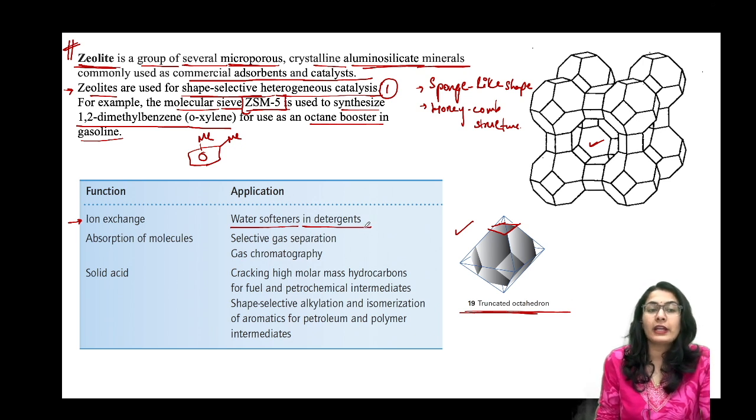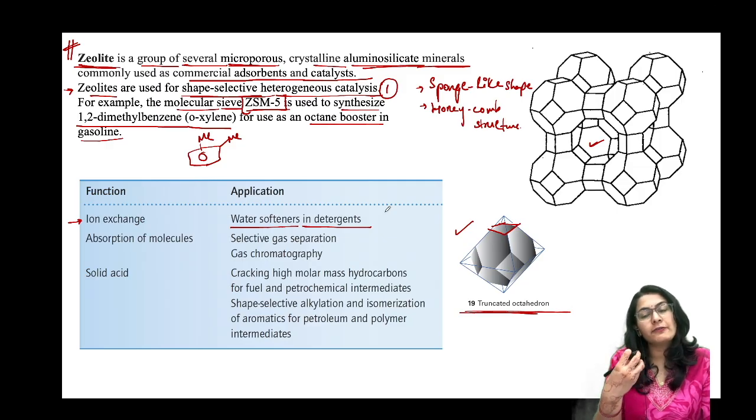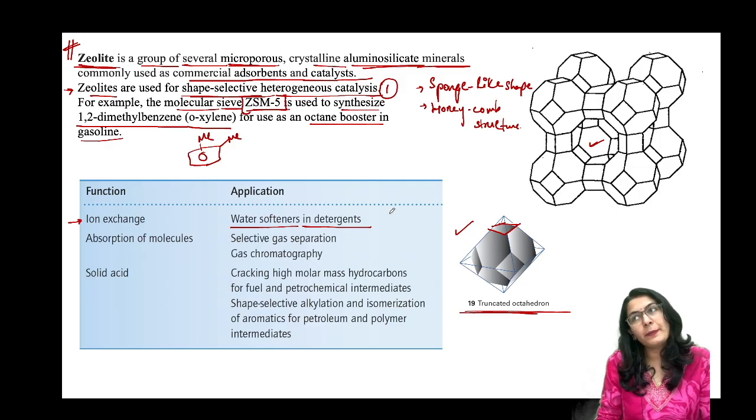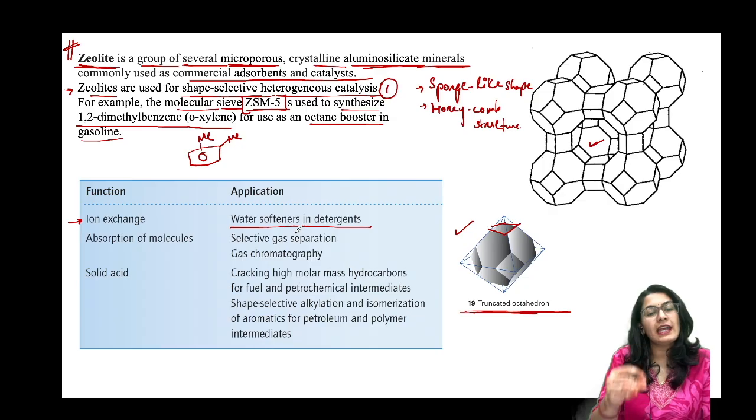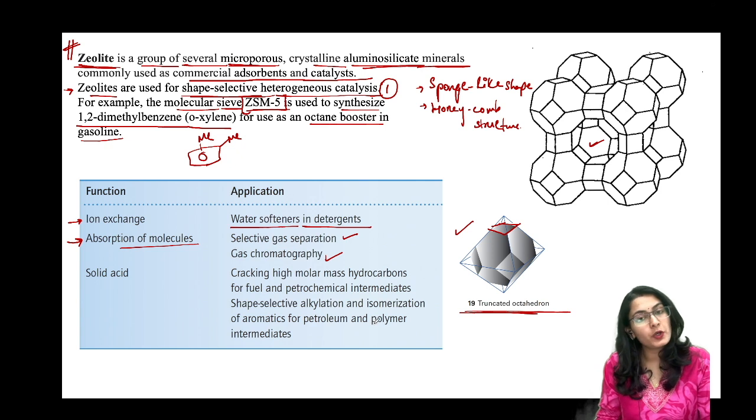So these zeolites are used as water softeners because, based on the different types of zeolite, they can absorb or fix the metal ions like calcium, magnesium, sodium based on their cavity size, helping the water to soften.